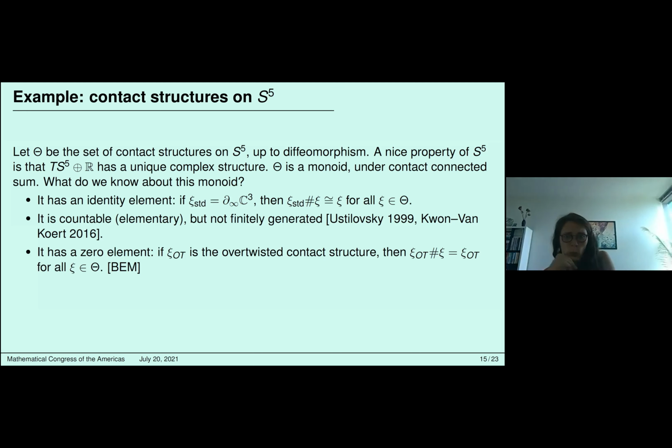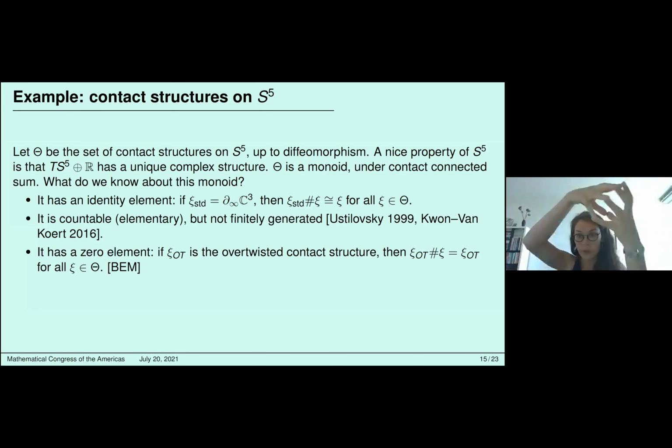What overtwistedness is saying is that there is a zero element to this. There is the overtwisted contact structure, and that is a geometry which kills every other geometry. If you have the overtwisted sphere, and then you have one of these other spheres, which come from this huge and extremely diverse class of contact structures on the sphere, but you stick it on the overtwisted one, all that's lost. It's just overtwisted now.